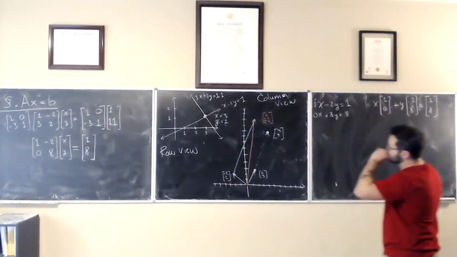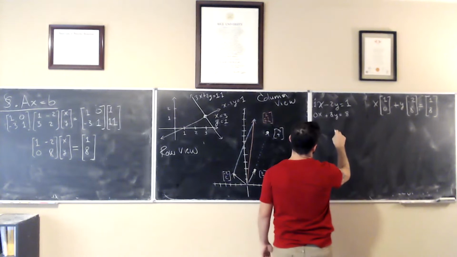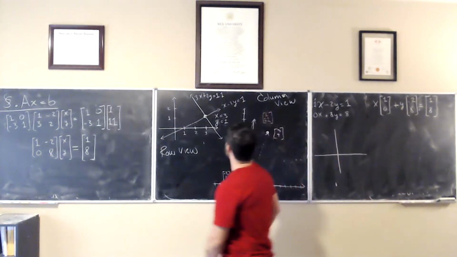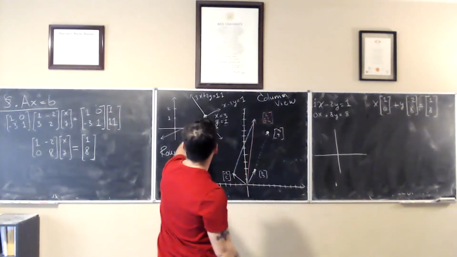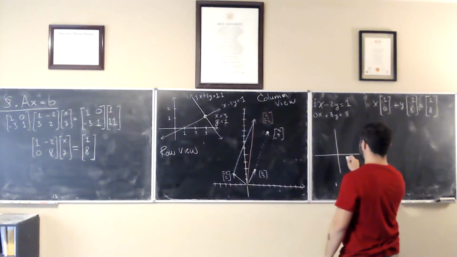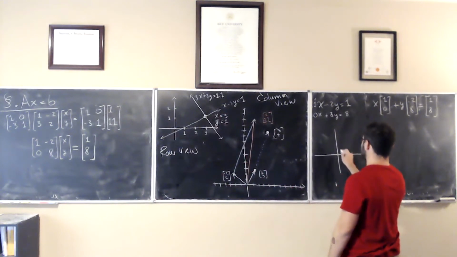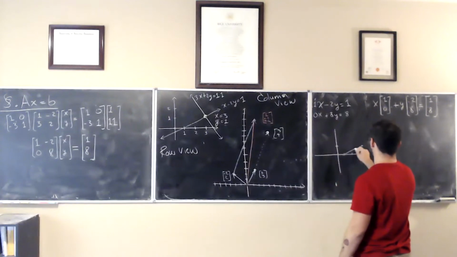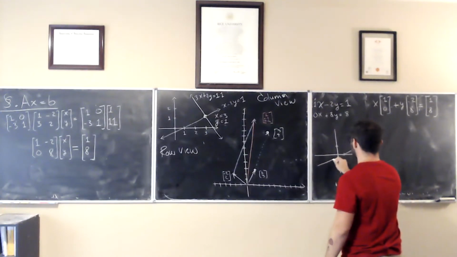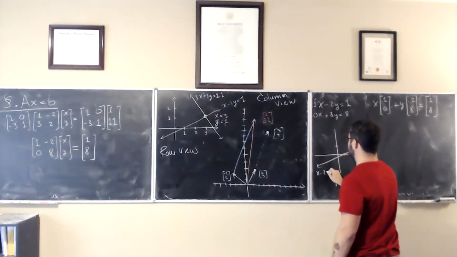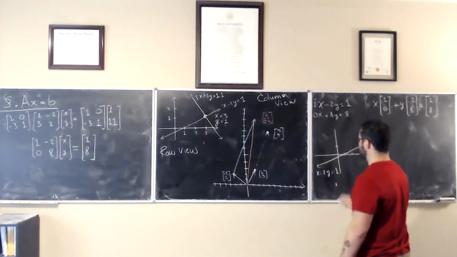Right, so geometrically, what's the picture here? Okay, so luckily that first thing did not change. So that's the line x minus 2y is equal to 1.